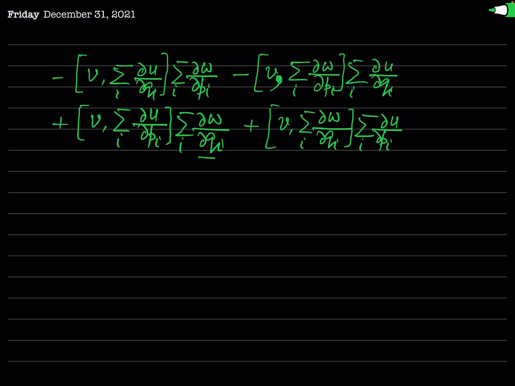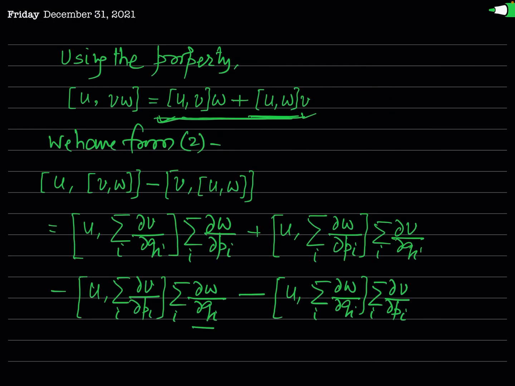Now we will simplify this RHS of this equation a little more. You can see here, you can take minus del w by del qi as a common factor.